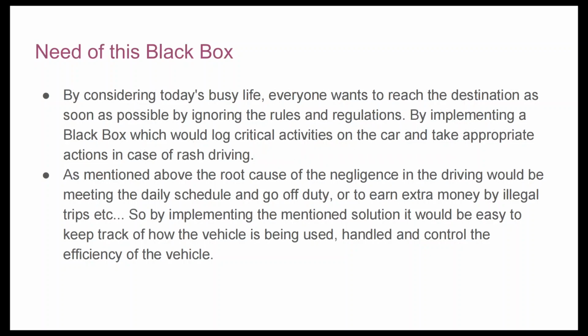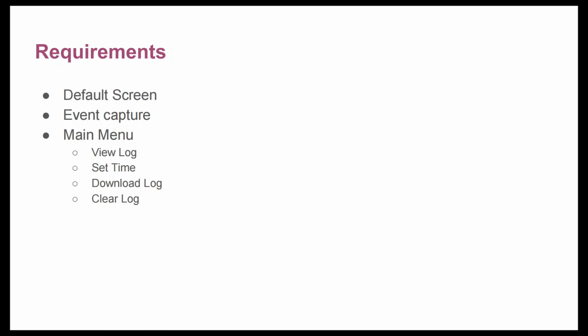And then the requirements: the default screen, nothing but the dashboard. Next we have seen event capture, meaning whenever we change the gears, we store it. Then we have seen the main menu, the menus that we scroll. After storing the events, we have 4 menus: view log, set time, download log, clear log. We'll see one by one.